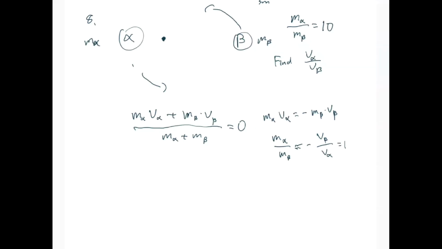So we can just get that v alpha over v beta is 1/10. And I just dropped the negative sign there because the question says speed, so absolute value of whatever we have. And so this is our answer.